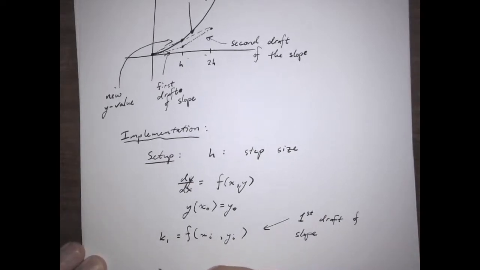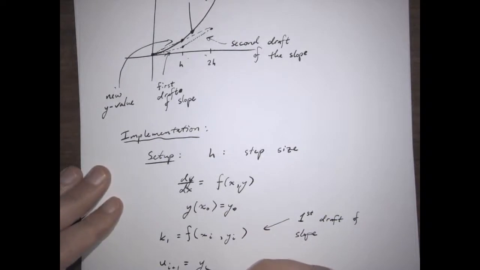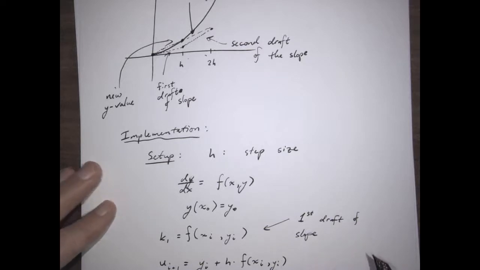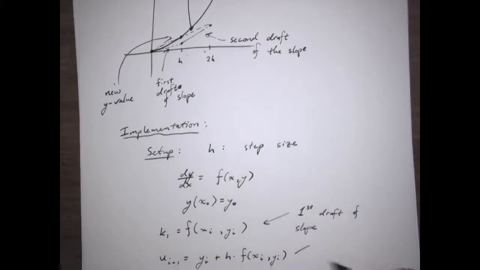And then we're going to have a u_{i+1}, which is going to equal y_i plus h times f of x_i, y_i. So this is like the first draft of the new y value.